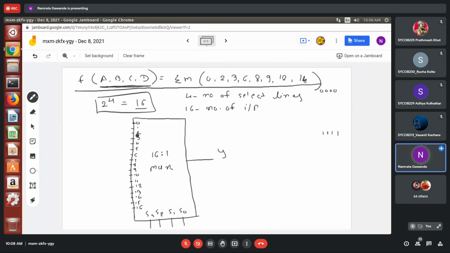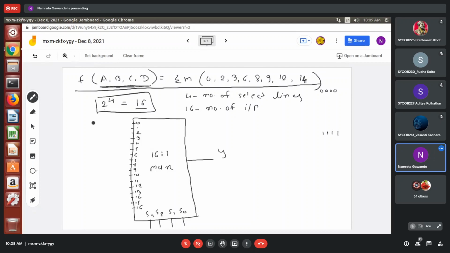Similarly, in the multiplexer, for whatever minterms are provided in the expression, we provide those signals to the multiplexer circuit. These particular minterms should be connected to logic 1.